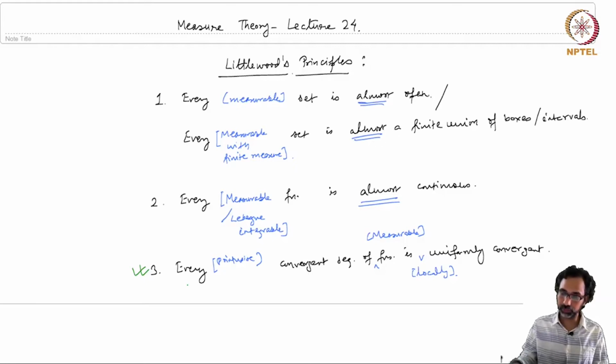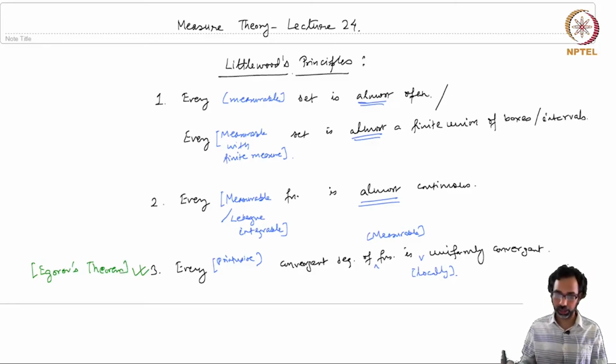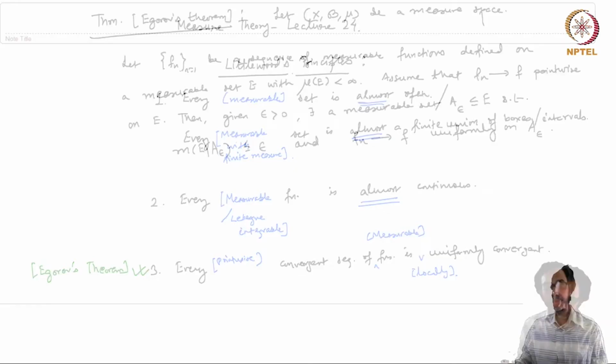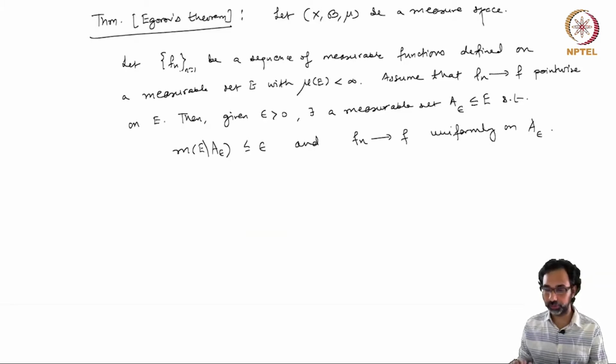This result, when you make it precise, is known as Egorov's theorem, and we will see what Egorov's theorem is, and we will try to prove it in this lecture.